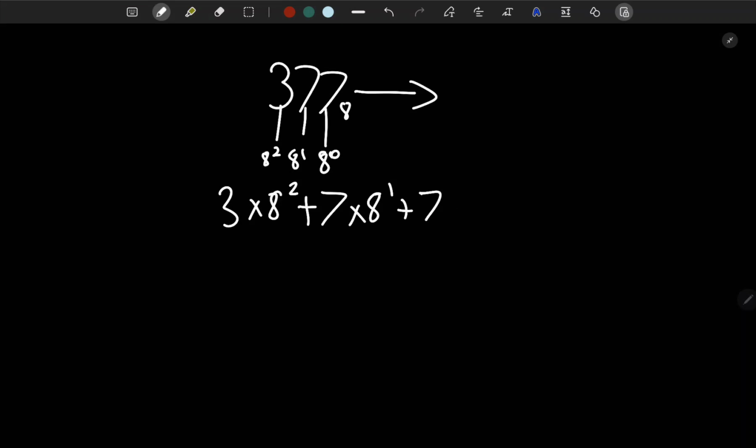And 8 to the power of 0 is just 1, so you don't need to write it, since anything to the power of 0 is 1. Now you just type this on your calculator and you will get 255, and that will be your decimal value for this number. And yes, that's your answer.